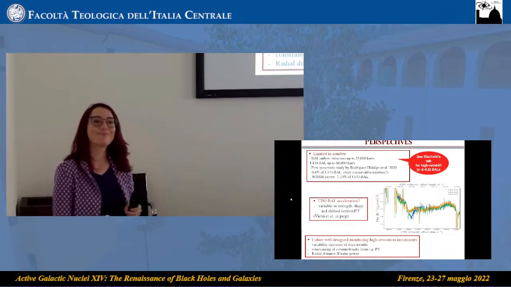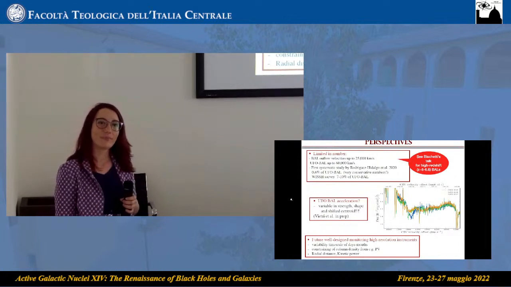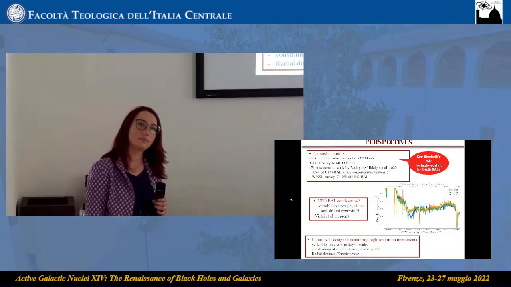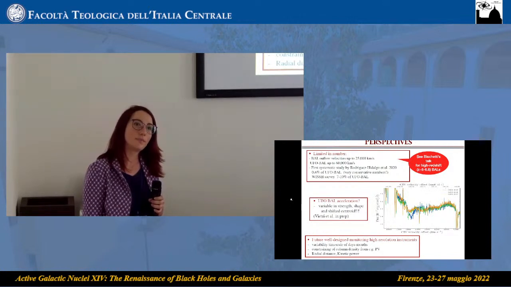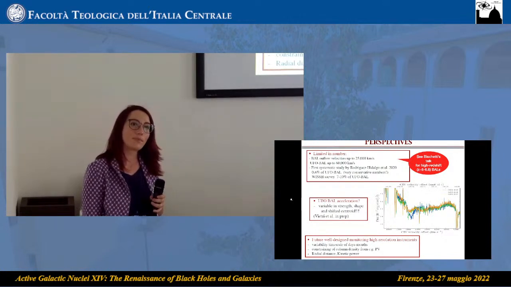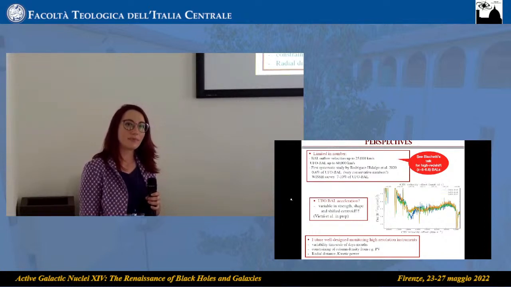Hi, nice talk and nice results. I didn't understand how many of these are actually X-ray bright or X-ray detected, and is there any hope to get X-ray spectra of these?